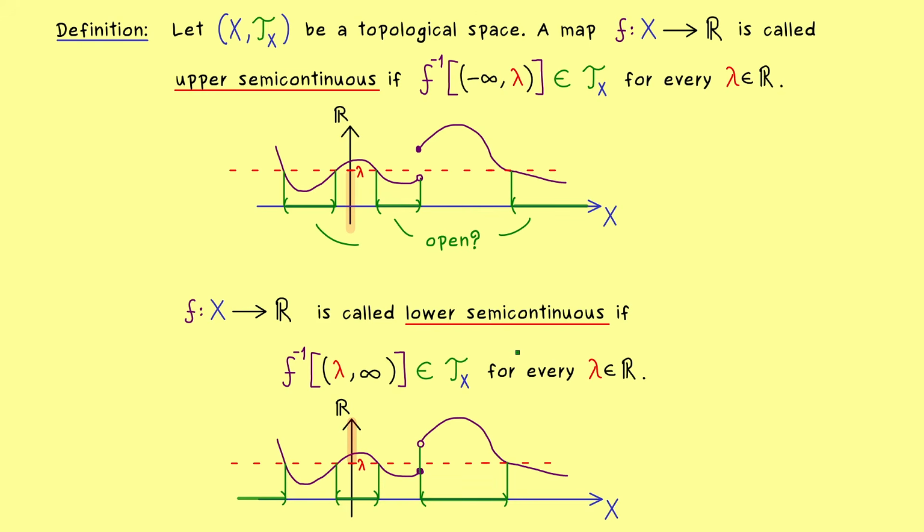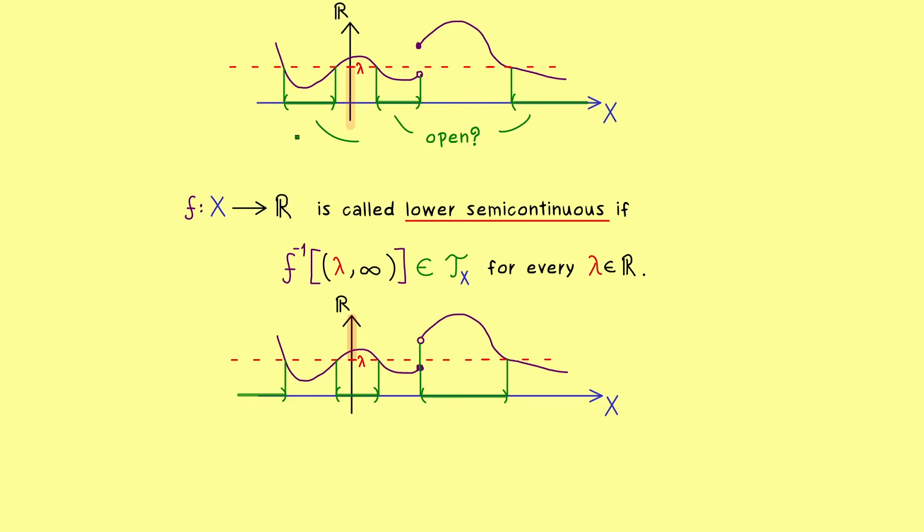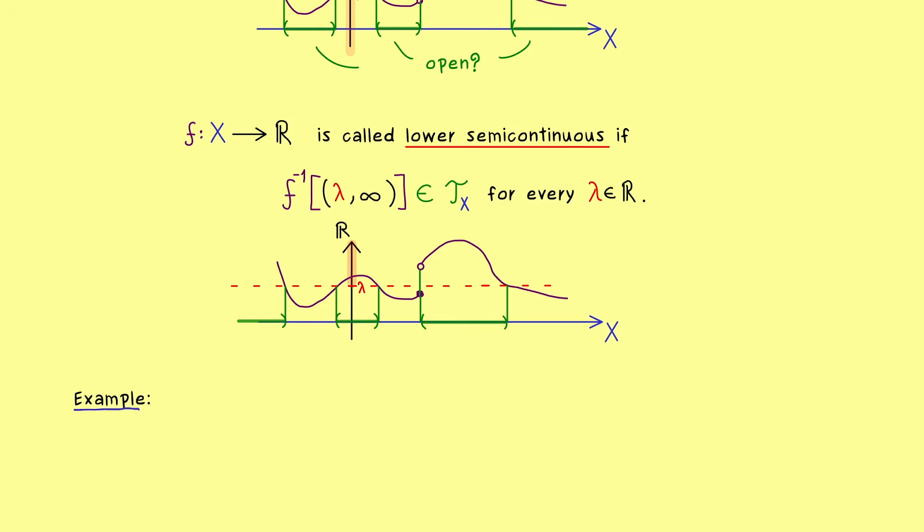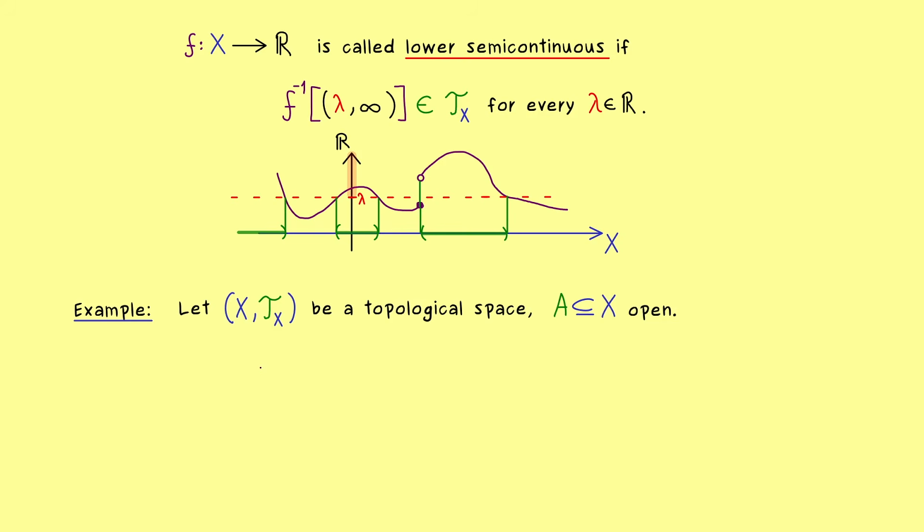Okay, so now we have the two notions of semicontinuity, and indeed both things together just gives us continuity from before. And in order to close the topic, let's look at an important example. This one will be a so-called indicator function, or also called characteristic function, of an open set of a topological space X. So let's call this open set simply A. And in fact, the common notation for the indicator function is to use a lowercase chi with index A. And the definition is quite simple.